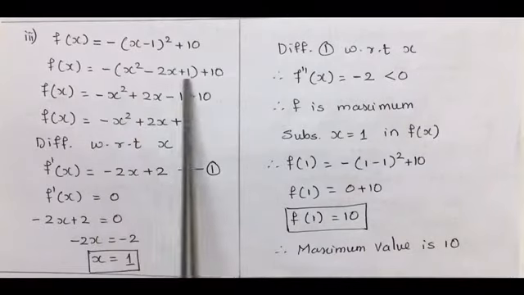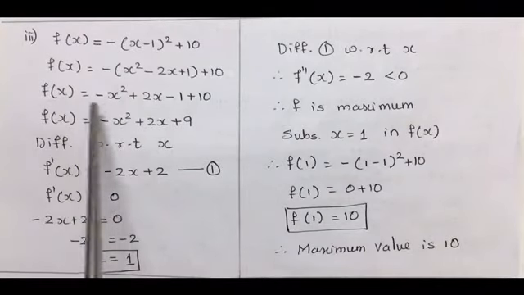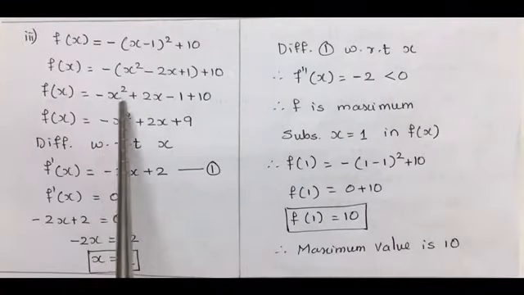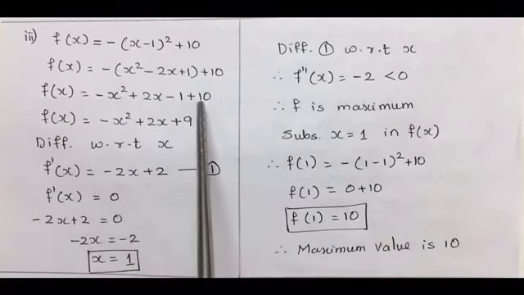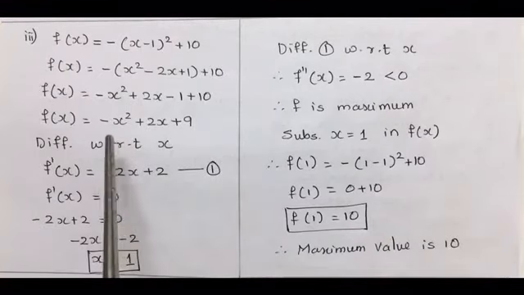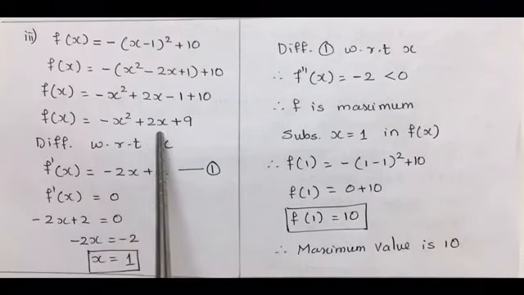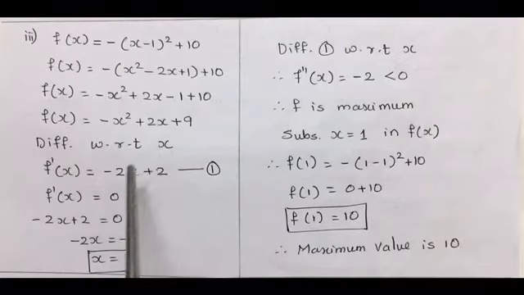Taking minus inside the bracket, we get f(x) is equal to minus x square plus 2x minus 1 plus 10. So f(x) finally we get it as minus x square plus 2x plus 9.